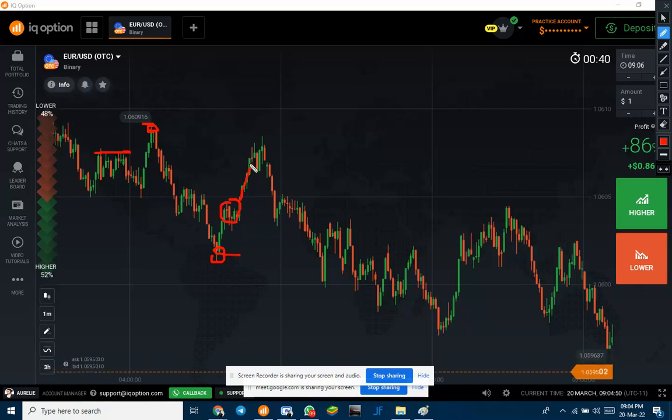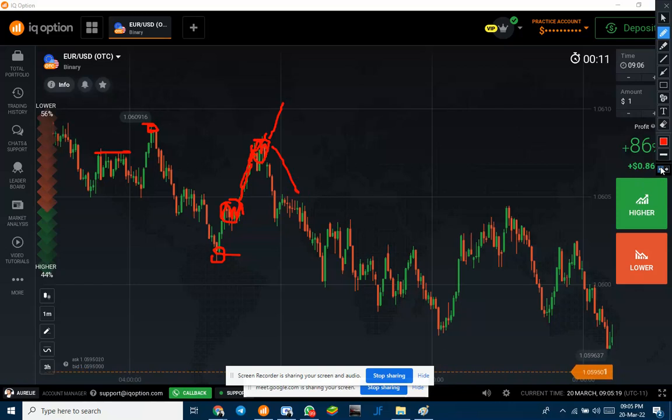Then when the price finally reached here, the market started misbehaving. Maybe they want to go up, or maybe they want to go down. If the market is trapped here, it is more likely that the price will still continue, just like what happened here. The price is trapped here, so it continued. Maybe the price is also trapped here and might continue, but see what happened, the price dropped.